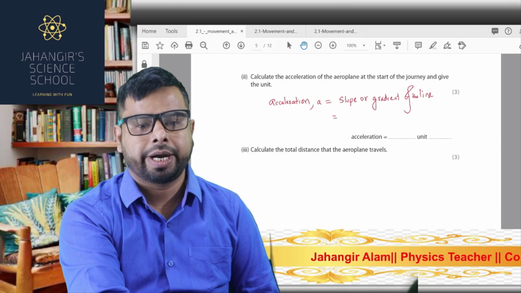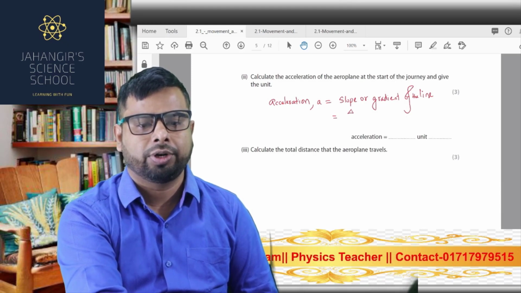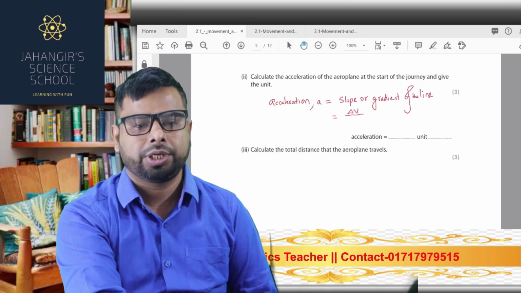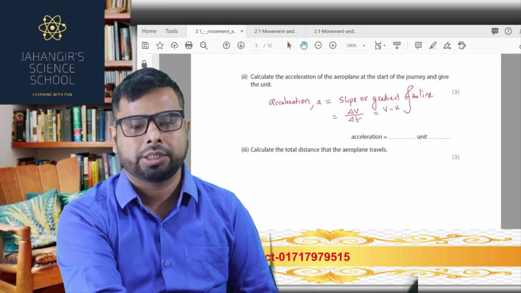The slope is the change in velocity divided by the change in time, that means final velocity minus initial velocity divided by time.